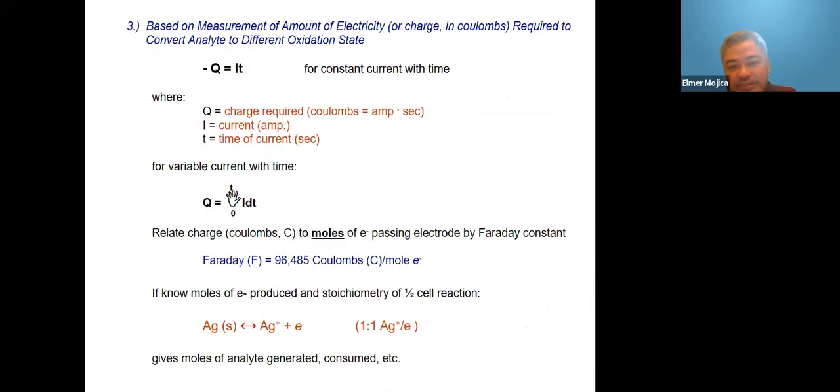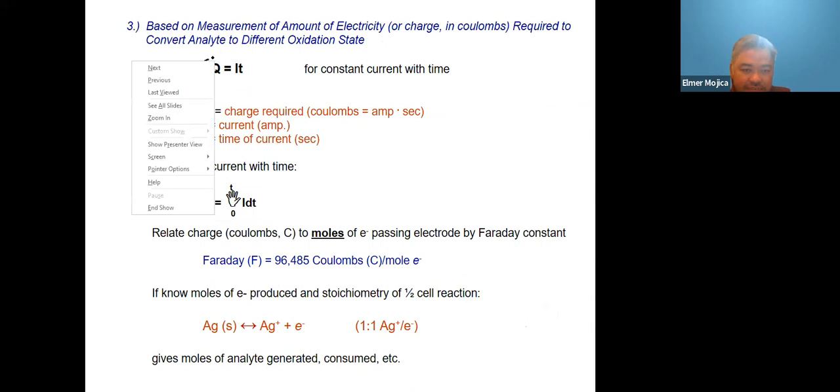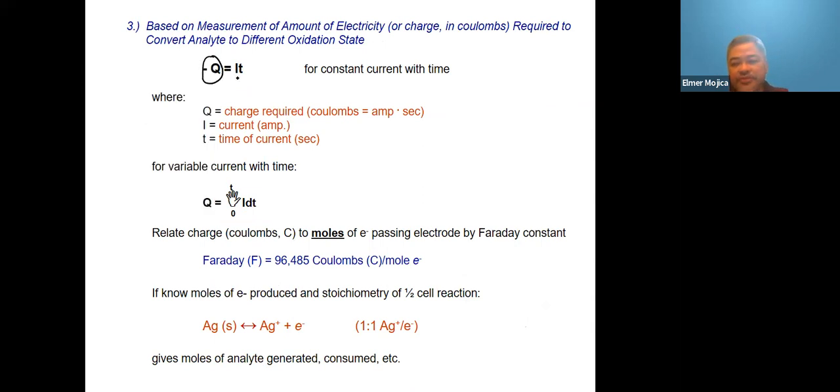And if you're going to look at the reaction that you have here, so you have here a negative charge, Q. Okay, so this is based on the measurement on the amount of electricity or charge in coulombs required to convert the analyte to a different oxidation state. Okay, I don't know if you know this thing, basic equation, charge equals to current times time.